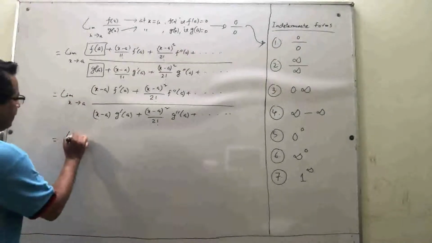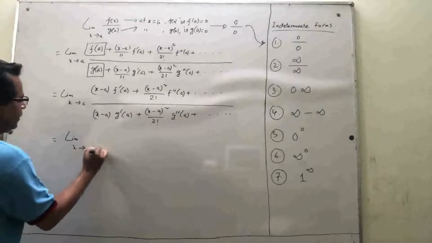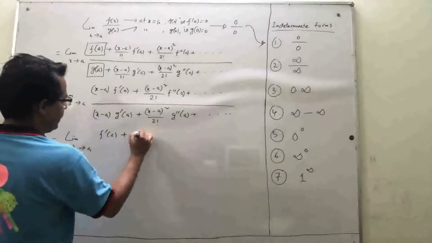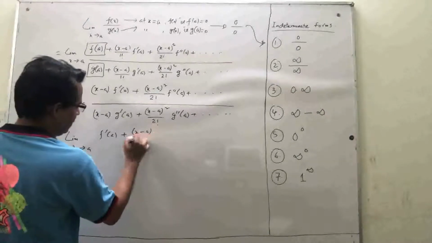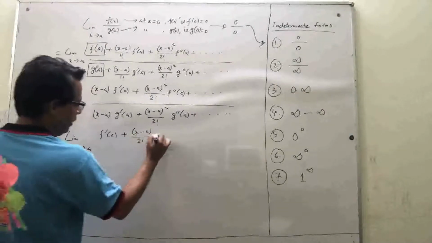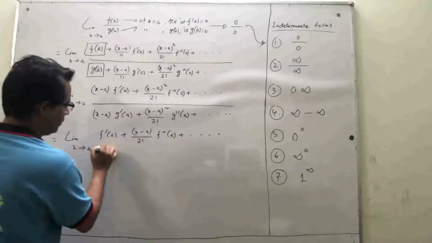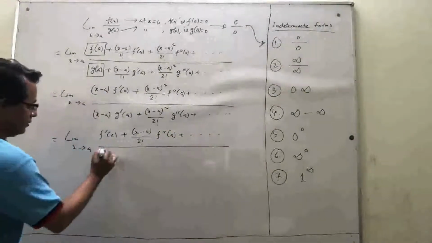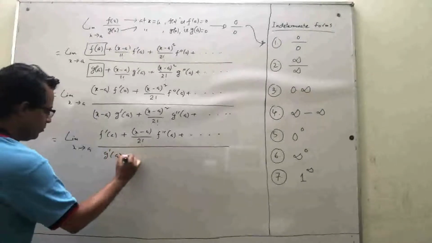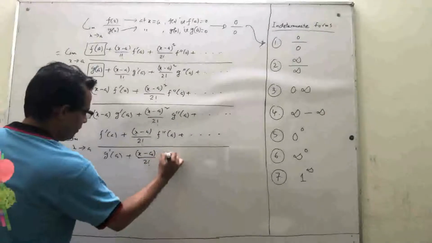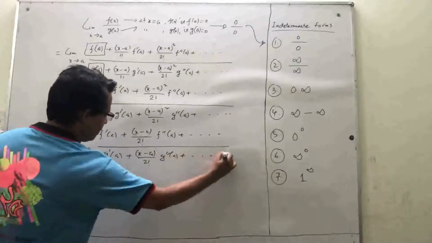So we can write limit x tends to a of f derivative a plus x minus a divided by 2 factorial f double derivative a plus dot dot, over similarly g derivative a plus x minus a divided by 2 factorial g double derivative a plus dot dot.